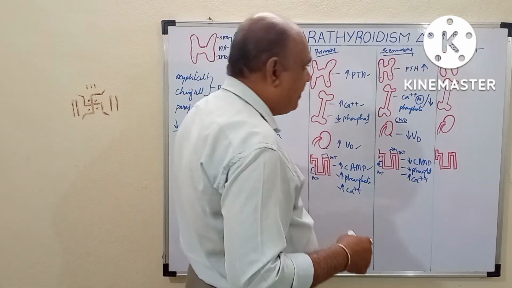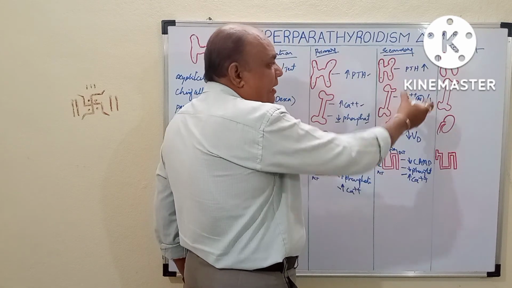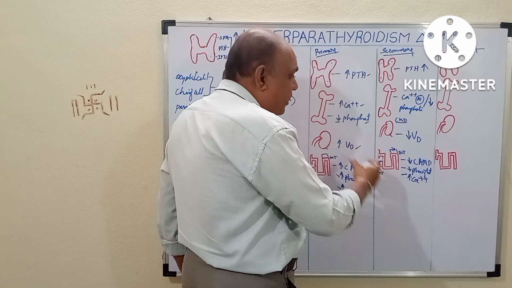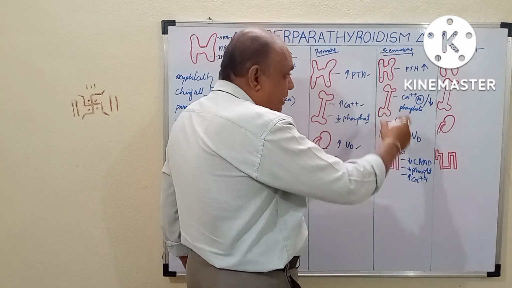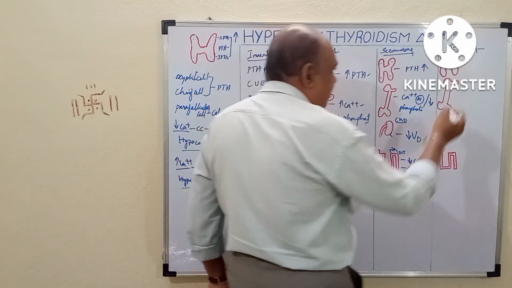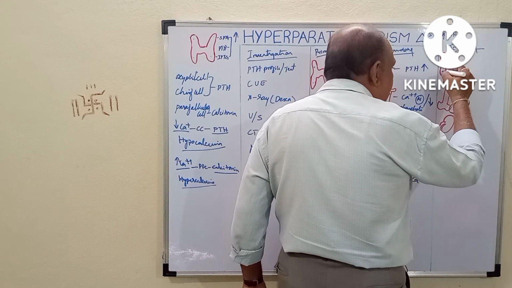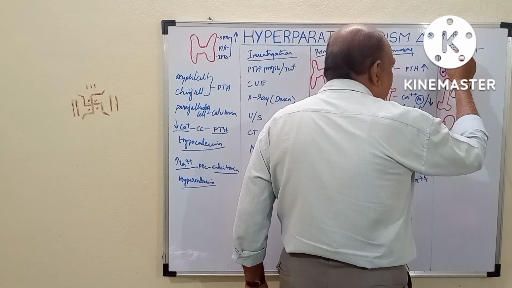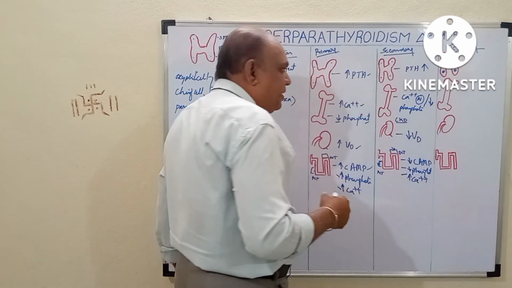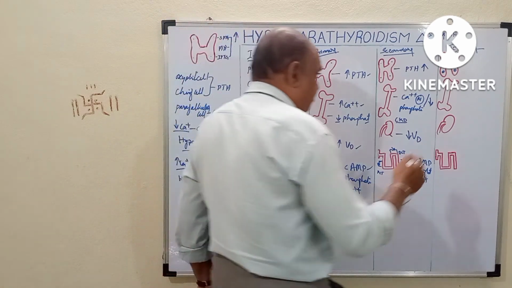In tertiary hyperparathyroidism, we know that if the secondary hyperparathyroidism is continuously prolonged, then it will automatically shift into tertiary hyperparathyroidism, where the parathyroid glands will be in the stage of hyperplasia or a risk of adenoma.